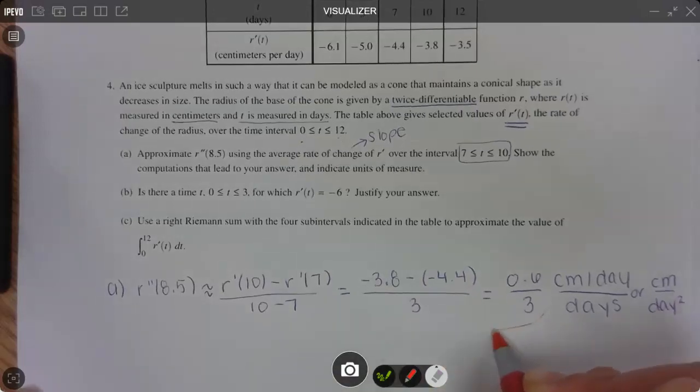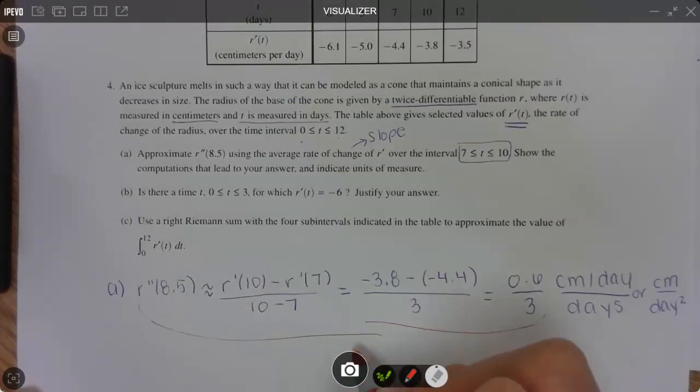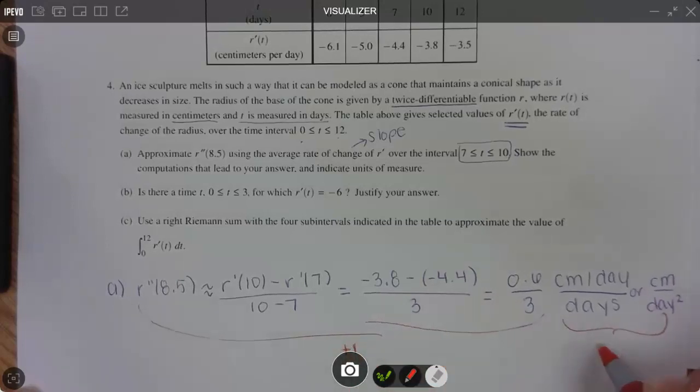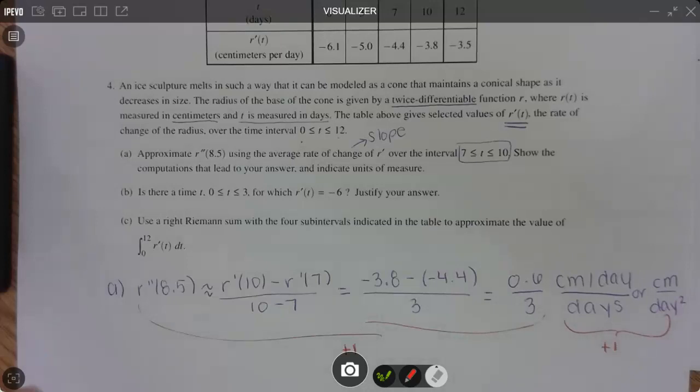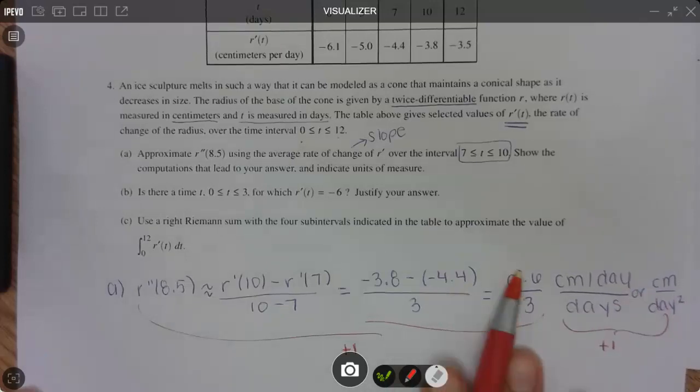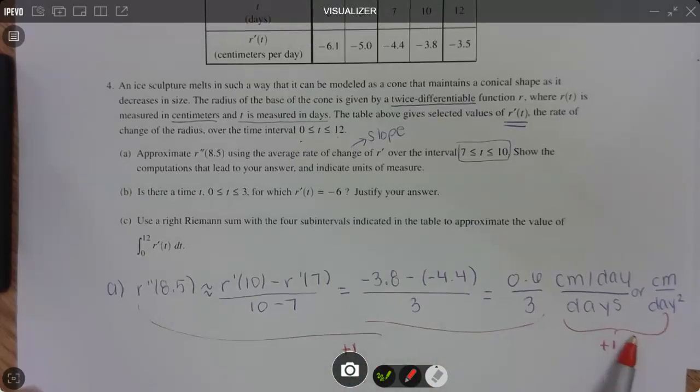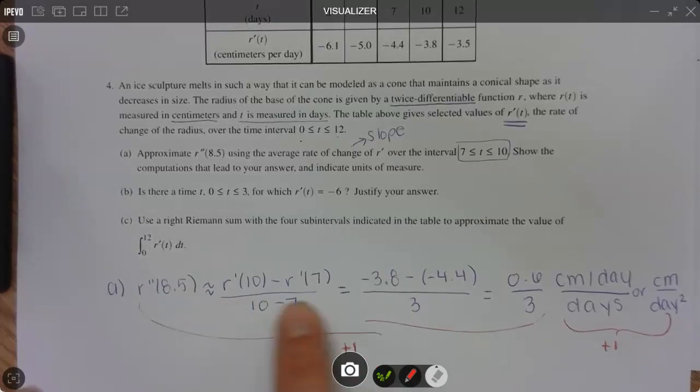So this right here would have earned you 1 point. Your units were your second point. But if you only had units and no number or work, you can't earn the units point. So even if you don't know how to do this, but you know the units, write down a garbage number. Okay?